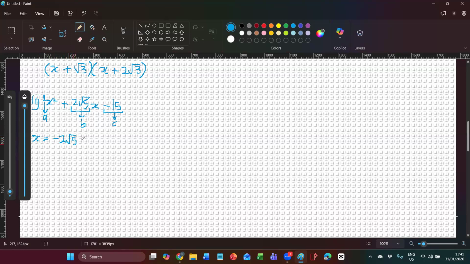plus or minus 2 sod 5 squared, minus 4ac, minus 4a.